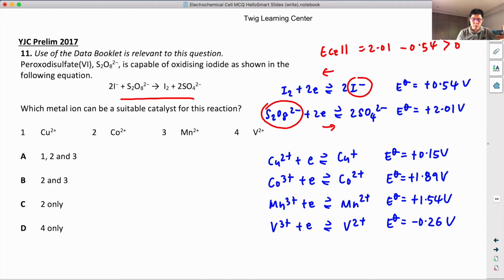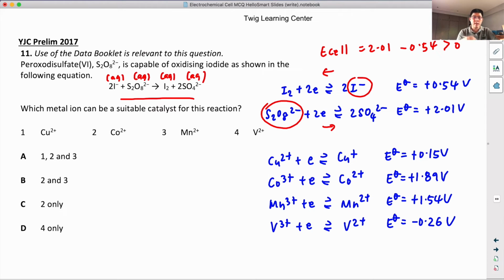Okay, so how you do it is this. If you pick copper 2 plus, you must understand that everything here is in the aqueous form. So whatever catalyst we use must be what I call a homogeneous catalyst, right? All these ions must be in the same phase as the reactants.